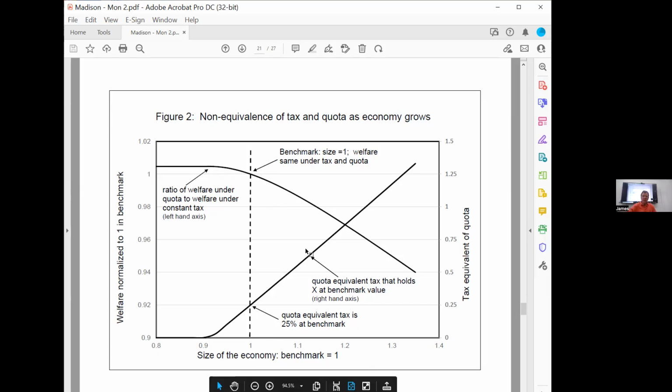So this thing keeps going up as the quota tax equivalent keeps rising. And there you see that the slope of the welfare curve starts going down pretty steeply because the quota is becoming more and more restrictive, whereas the distortionary tax would at least allow things to keep expanding.